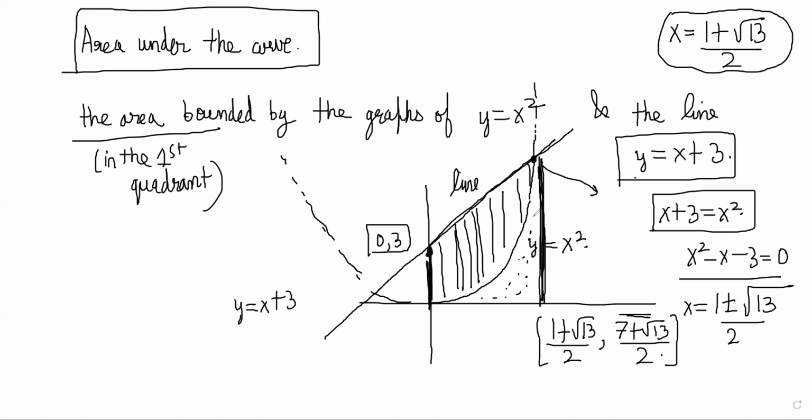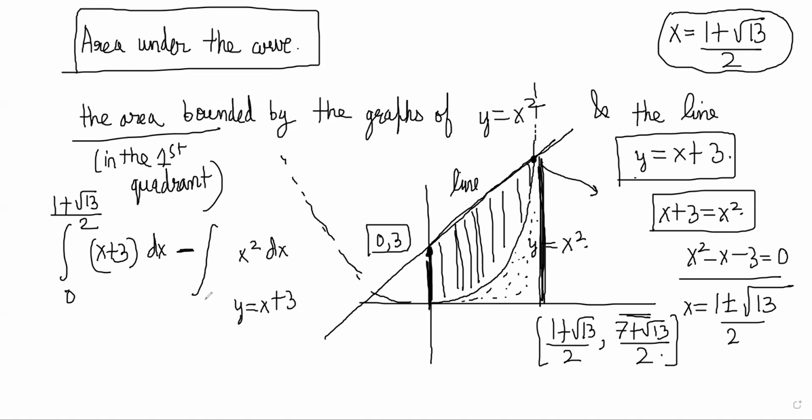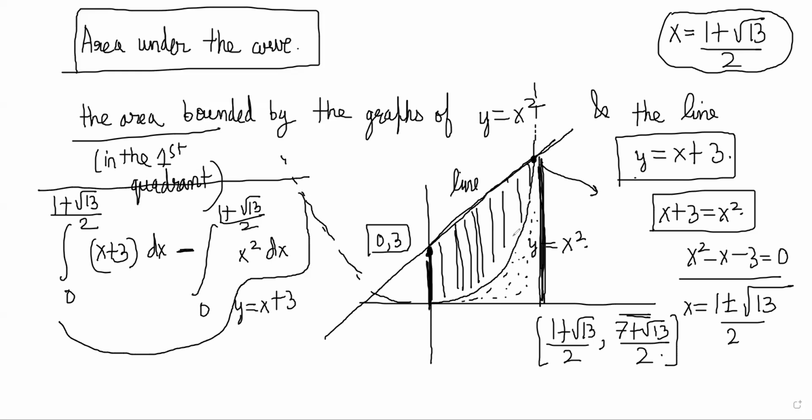So the area under the line would be integral of (x + 3) dx from 0 to (1 + root 13)/2, minus the area under the quadratic. The difference of these two integrals will give you the required area.